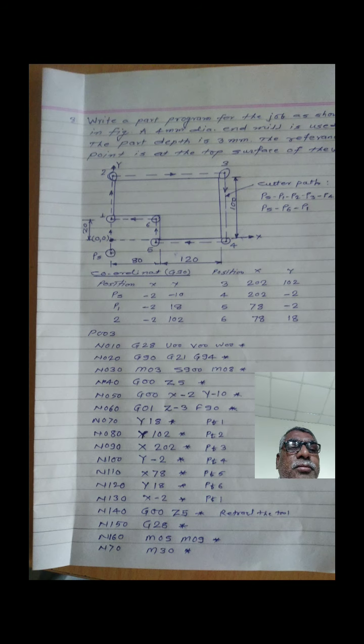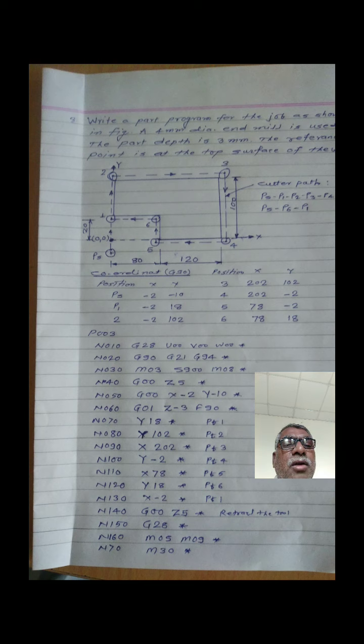Is it clear? Do you understand how to find out the coordinates of each and every point by considering the radius of the cutter? Is it clear? Then write down the part program as per the sequence of operation or cutter path.